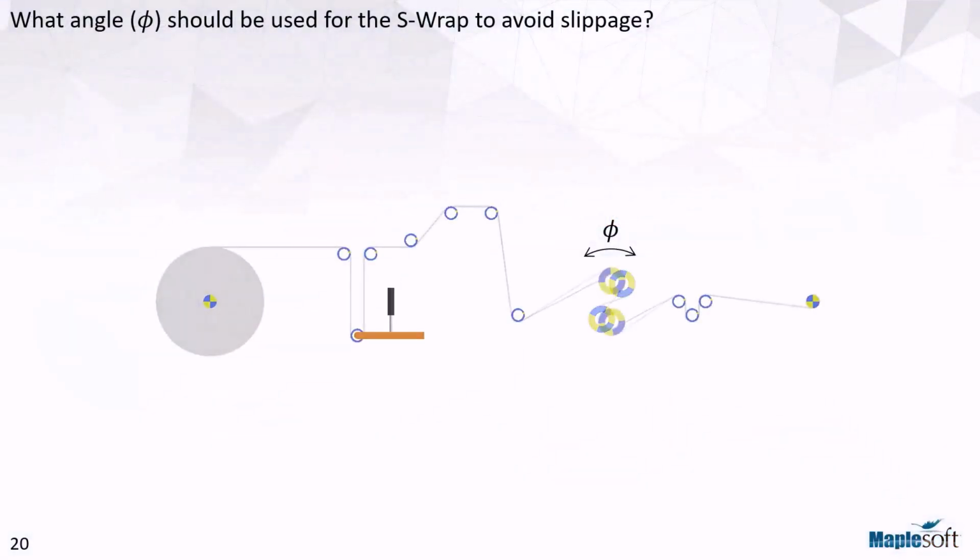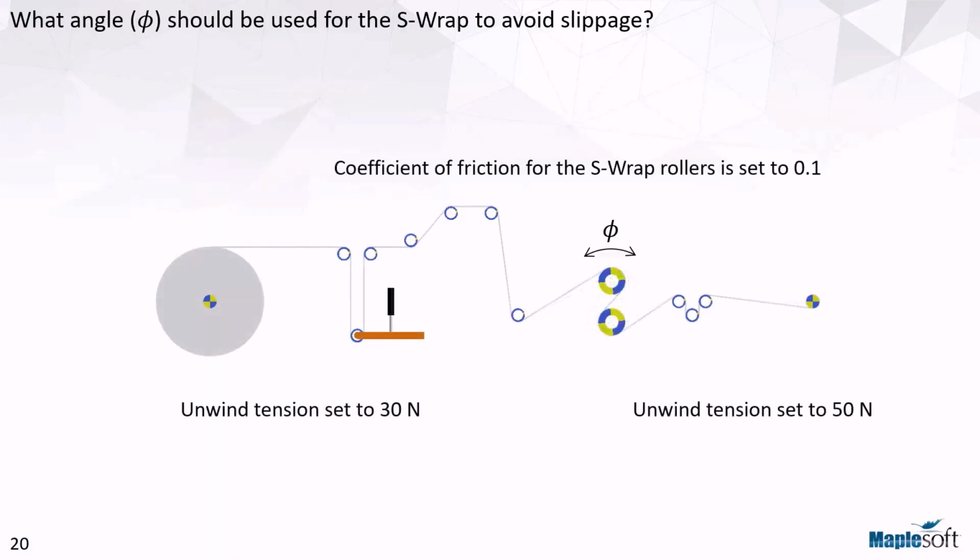So let's look at one case to use simulation to answer a question. This is a fairly straightforward question: what angle should we set the SRAP to minimize the chances of slippage for our infeed?